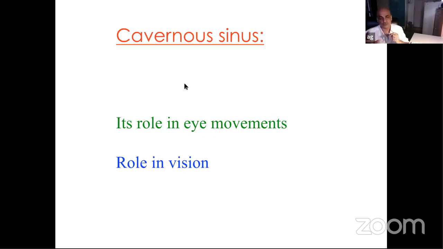So we speculated, these are speculations or philosophical understanding, that when the venous sinus is not there, the eye movements are gone. So the venous sinus has a role in eye movements. Even at the later stages of cavernous sinus thrombosis, vision can be gone. So we speculated that the cavernous sinus has a big role in vision.